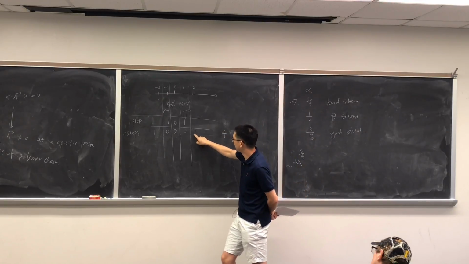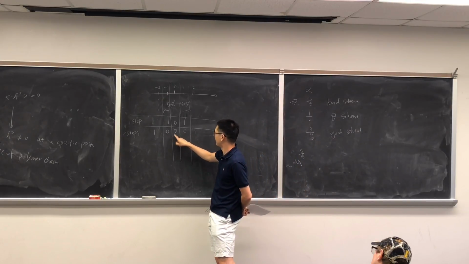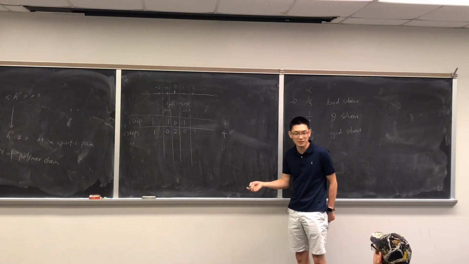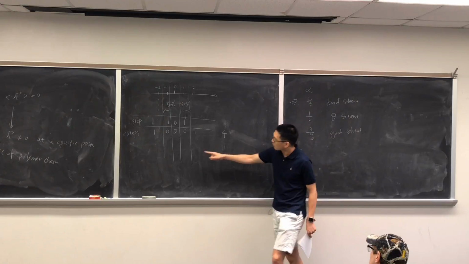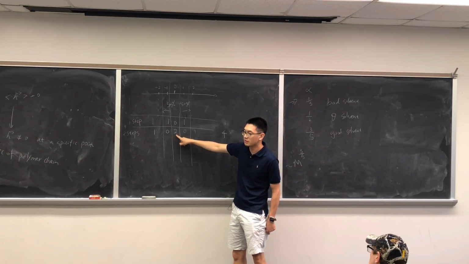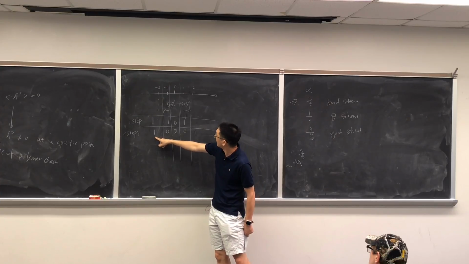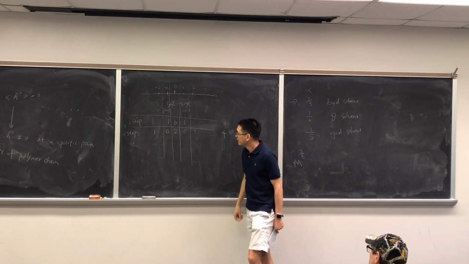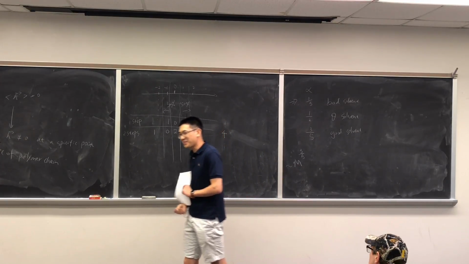Because I have 1 at -2, 2 at 0, and 1 at 2. So there are 4 different ways I can end up in this case. So the probability I end up in the middle is actually 50%, pretty high, while ending up at -2 is about 25%, right?